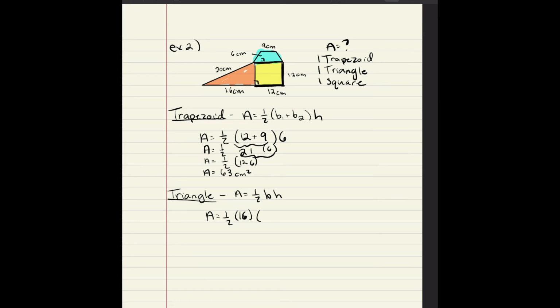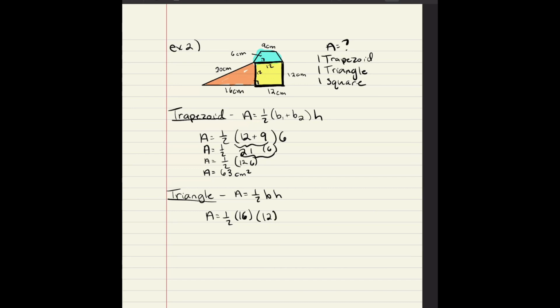Because look, it is a side that is part of my square. So all the sides of this square are 12. So the height of my triangle is 12. Don't let them mess you up with the 20 on the long angled line. The side length is the height, which is 12.